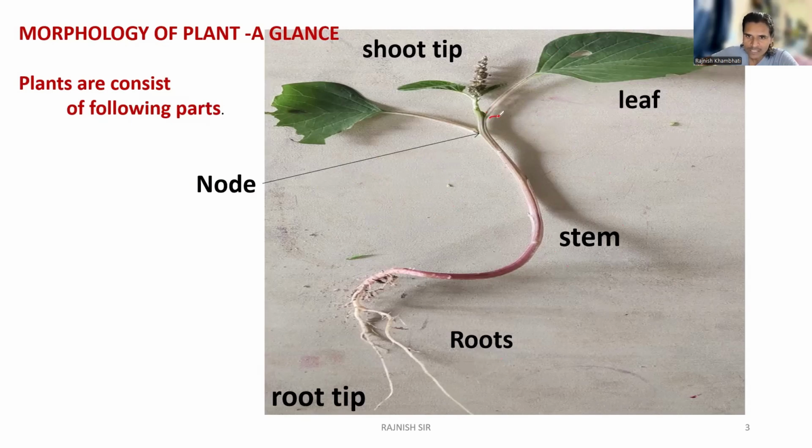Like you can see, this is one node, this is another node, and the region between the two nodes is known as the internode region. This is the stem. This portion is known as the shoot tip, the tip of a shoot. Similarly, this is the root tip.